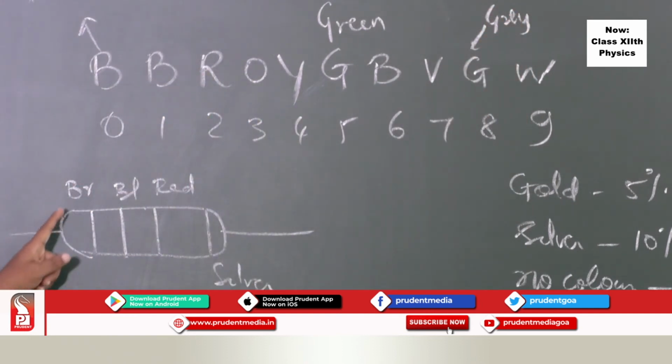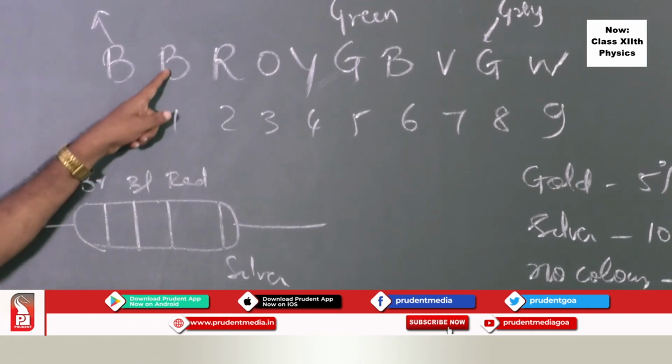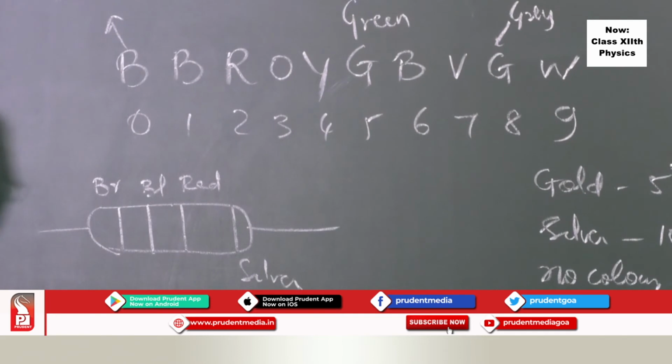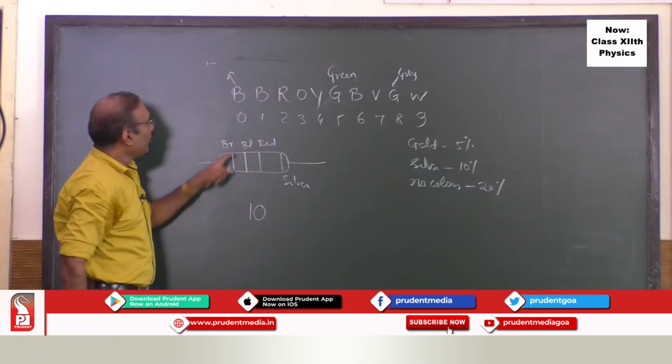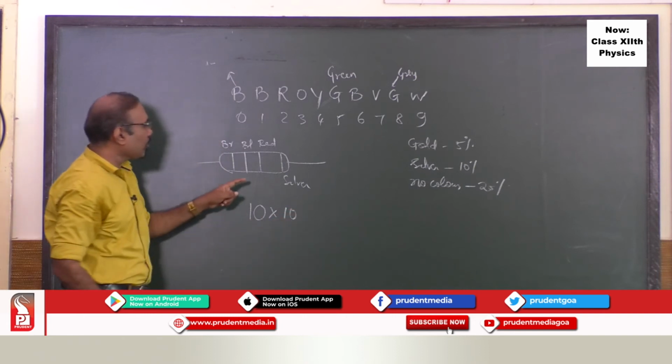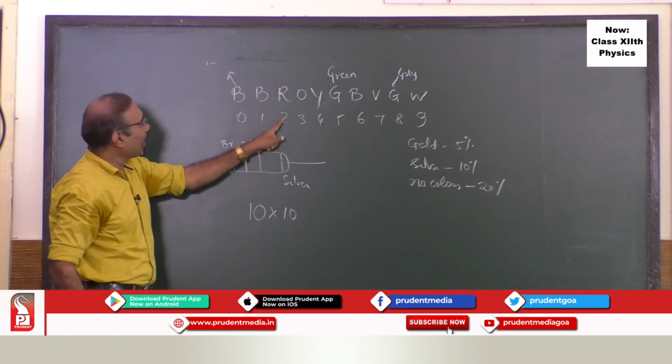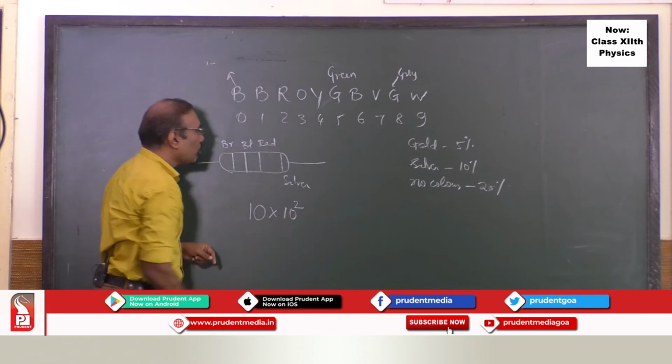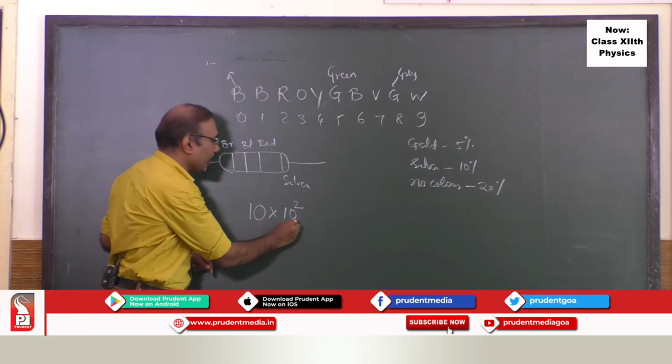If the first band is brown, the first digit is 1. Black is 0. The third color gives the multiplier, a power of 10. Red here is 2, so 10 raised to 2. This is the value of the resistor.